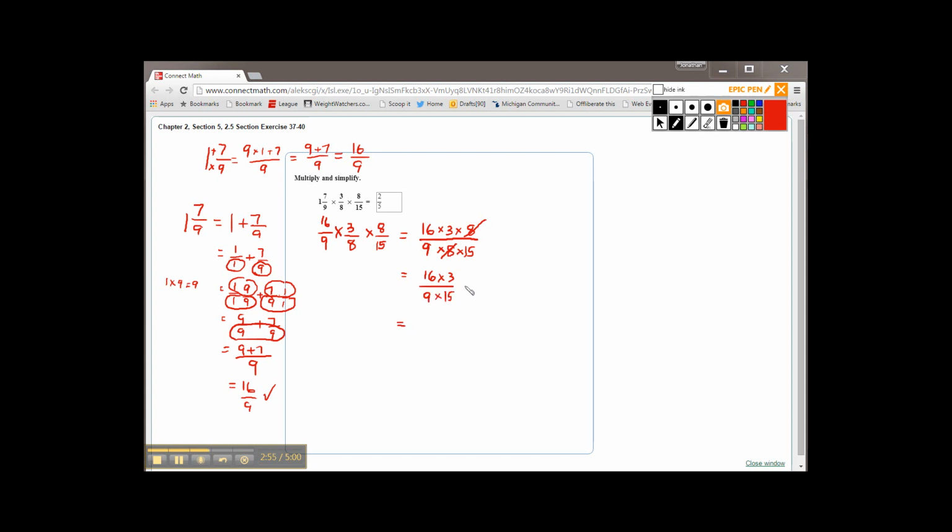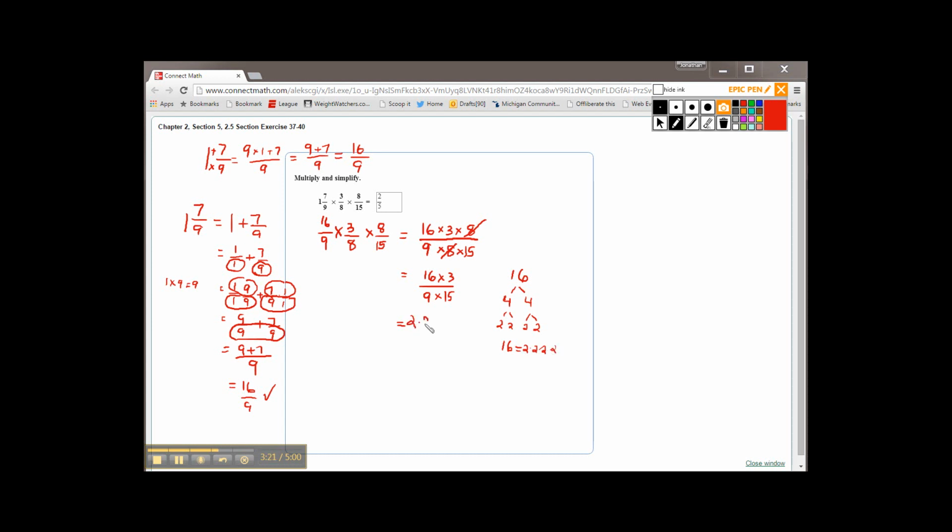Now there's a couple ways I can do this, but I'm going to break it down into the lowest terms possible, so into the prime factors. So 16 is actually 4 times 4, and each of the 4's is 2 times 2. So 16 is 2 times 2 times 2 times 2.